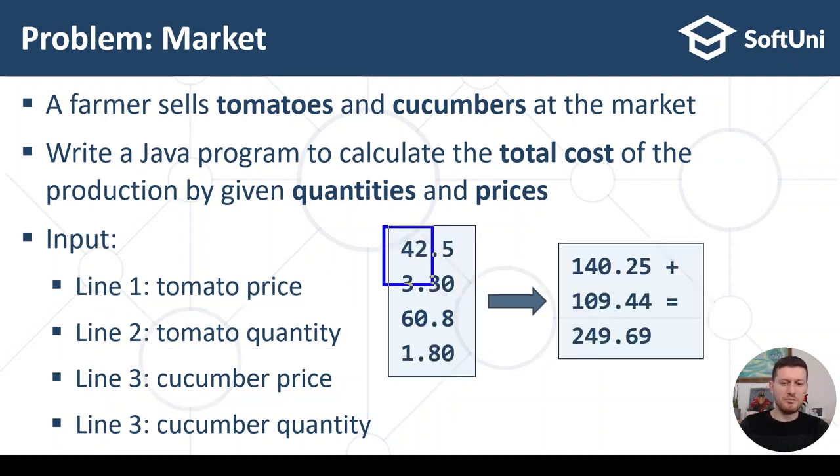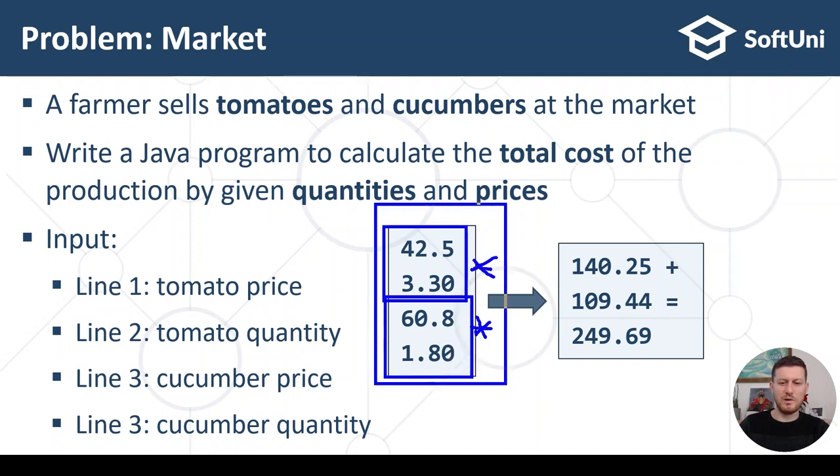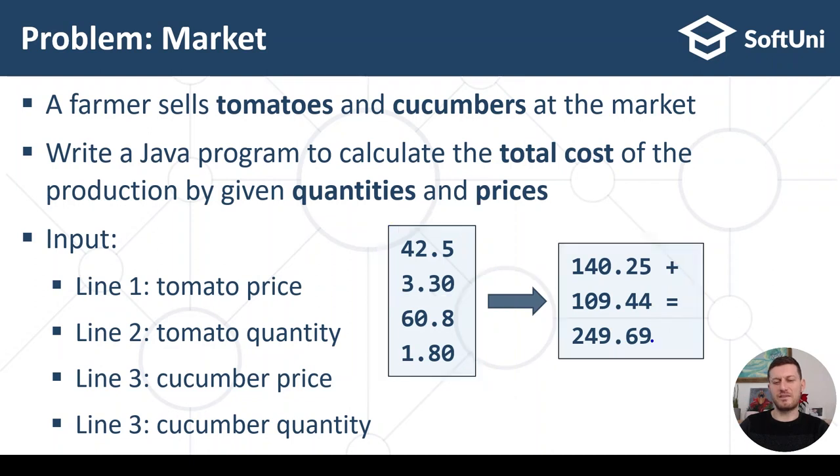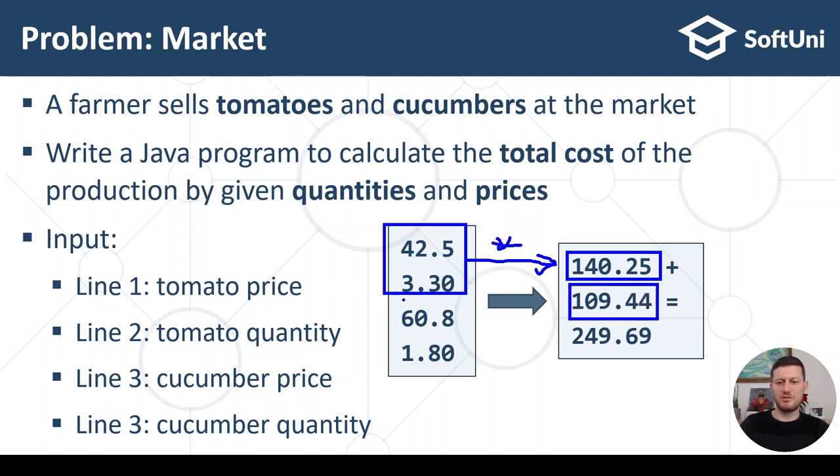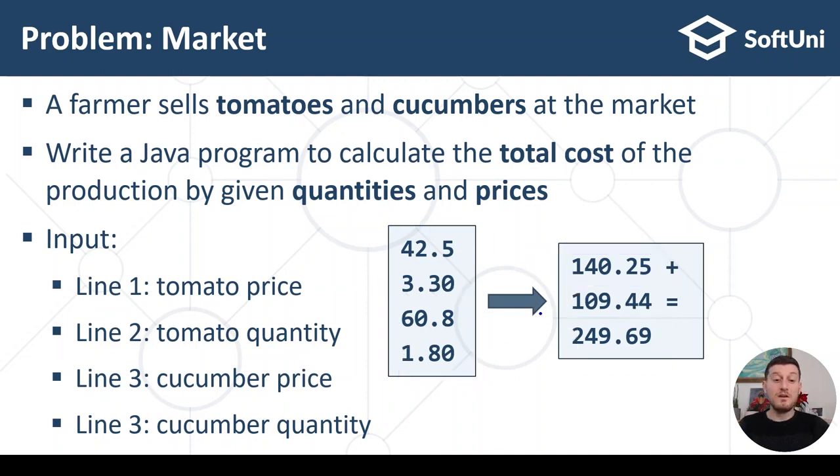If we multiply these two numbers, and we multiply these two numbers, and we sum these two outputs, we'll find this. So this is the multiplication of these two. The second is the multiplication of these two.